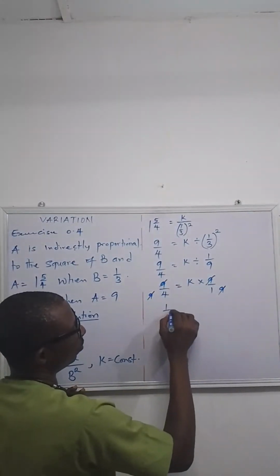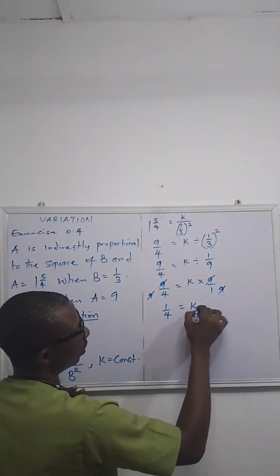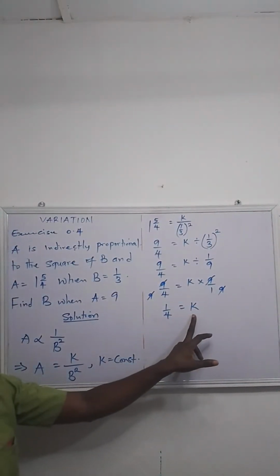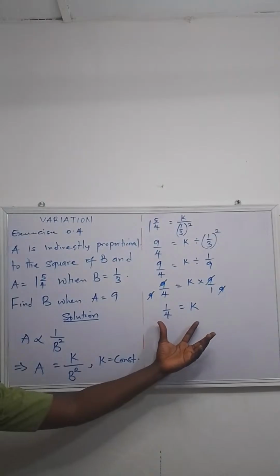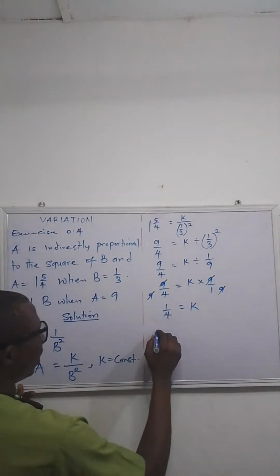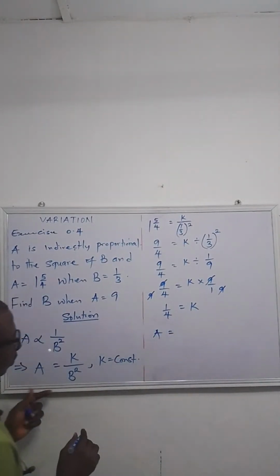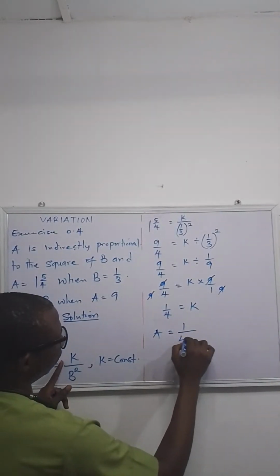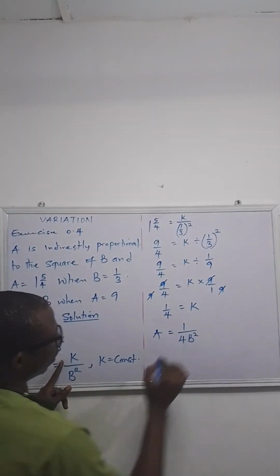So I have 1 over 4 equals K. So the proportionality constant is 1 over 4. So we can plug this into this equation here. So we have A equals 1 over 4B squared.